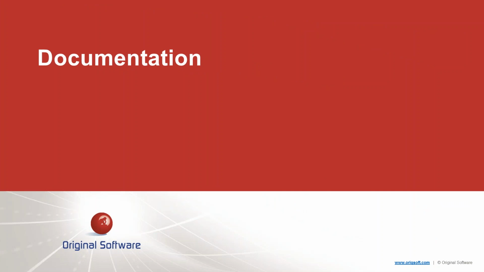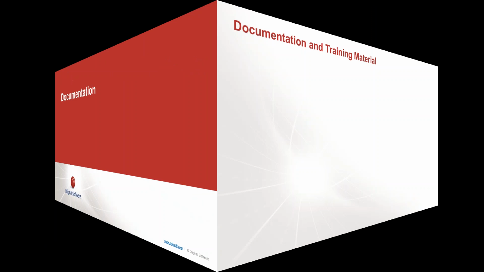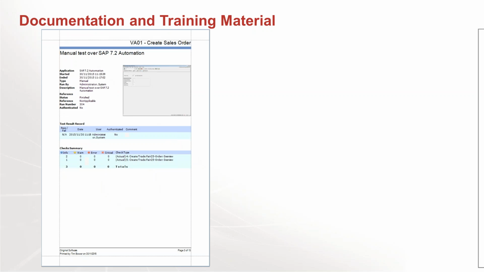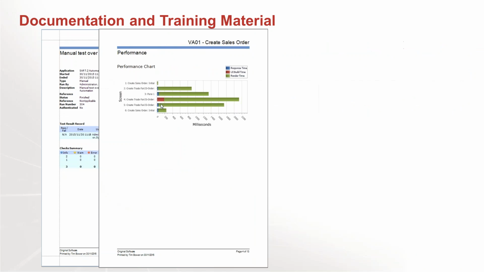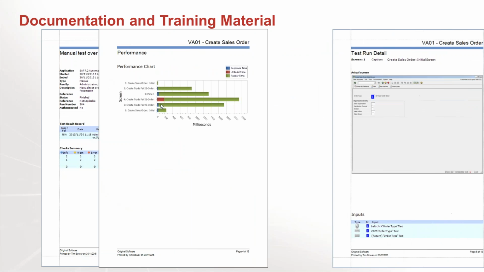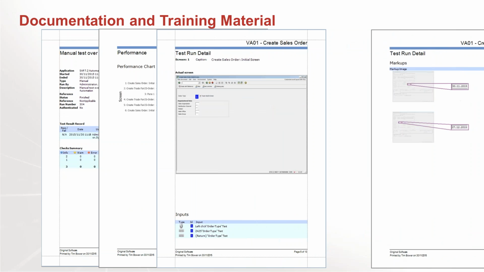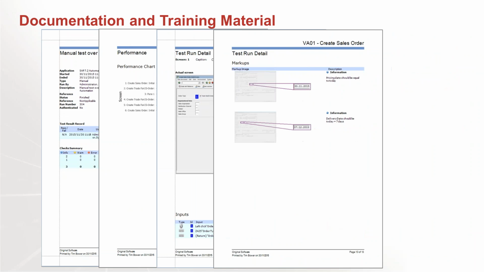Having captured that, let's talk a little bit about the documentation. So we are looking at some examples of what comes out of capturing that information. And here we see screenshots and details of what the user did and the comments they provide, but also other information that's going to be captured and used later on.